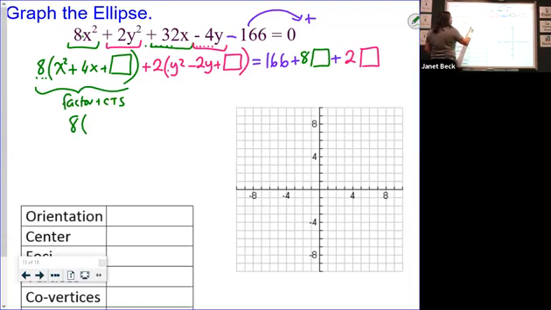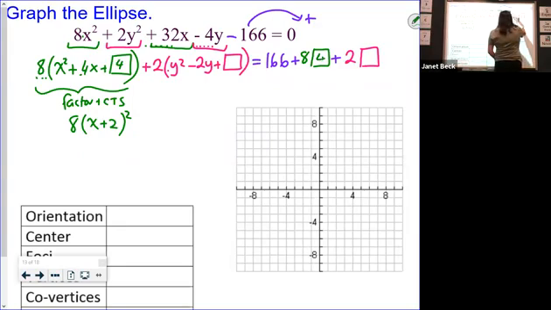So it's going to be 8 times something squared. How I complete the square is this will be x, half of plus 4 is plus 2. And what I have to put back in this box, I get that number, cut it in half, square it, put it back. 2 squared gives me 4. That needs to go in there.